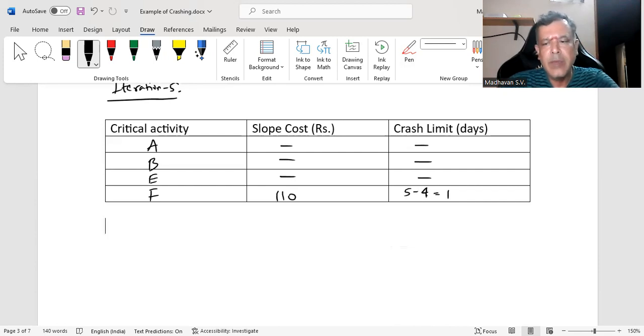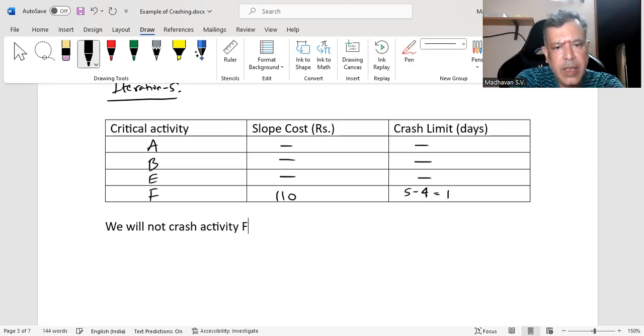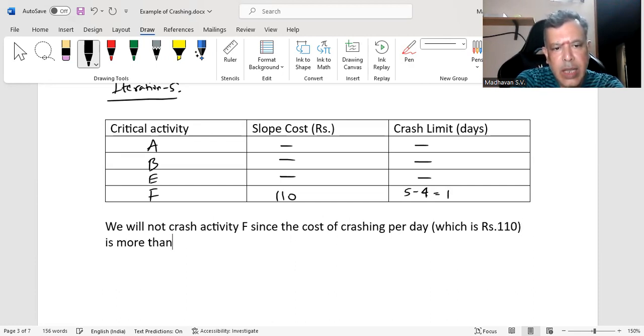So I can say, we will not crash activity F since the cost of crashing per day, which is rupees 110, is more than the savings, which is rupees 100 only.